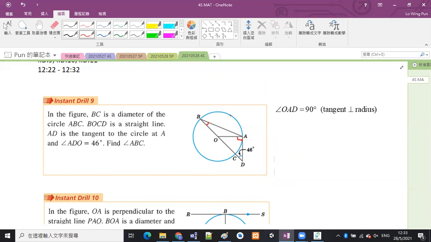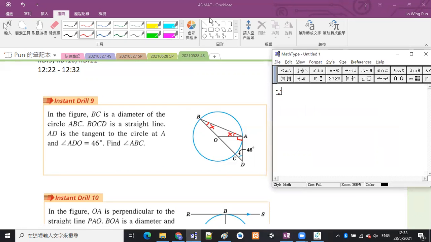Okay, so if I let X be this angle, OBA, the required angle, then I can say that this angle is also equal to X because OB is equal to OA, right? So OB is equal to OA, therefore I can say that angle OAB is equal to angle OBA is equal to X. And this is base angles isosceles triangle.